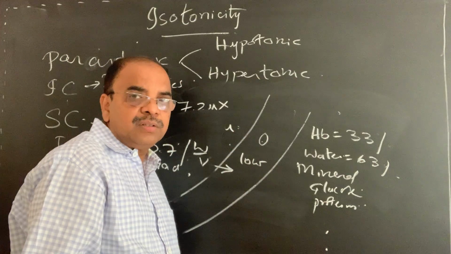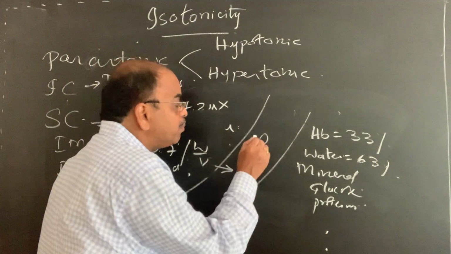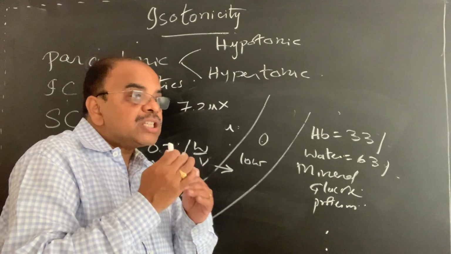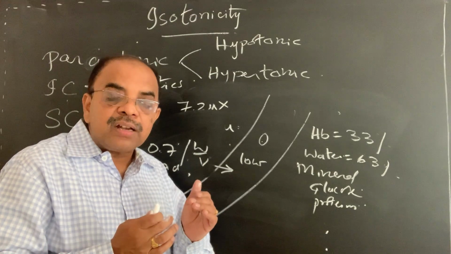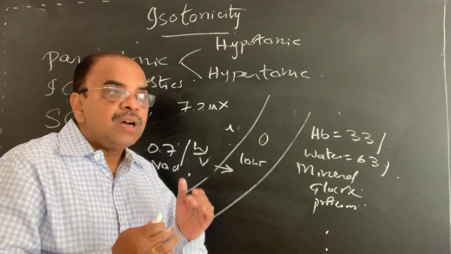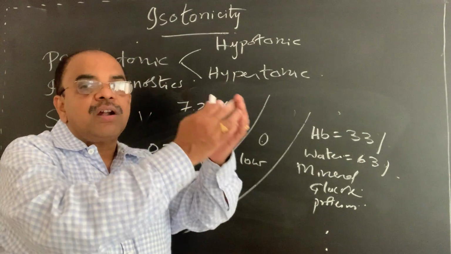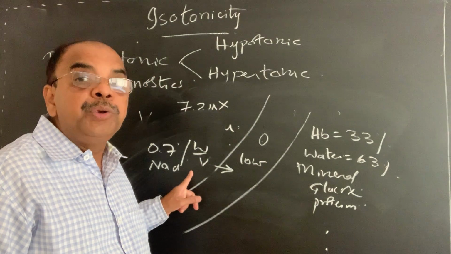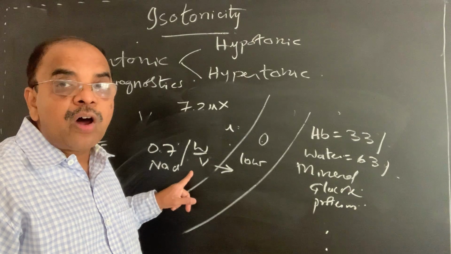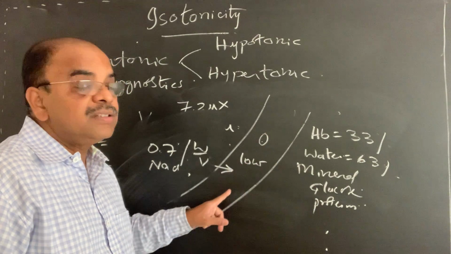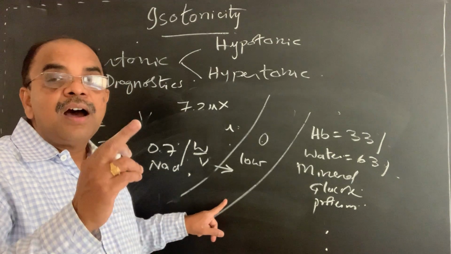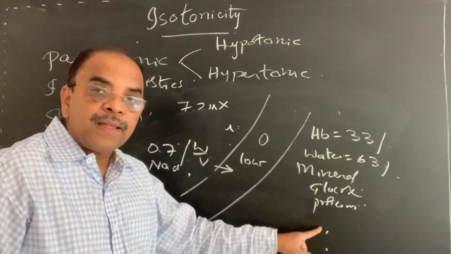Inside, no change, but comparatively, it is more concentrated inside the RBC. To maintain the osmotic condition, the water solvent moves from low concentration to high concentration. Because of the injection of huge volumes of hypotonic solution, plasma is diluted, but there is no change in the RBC components.